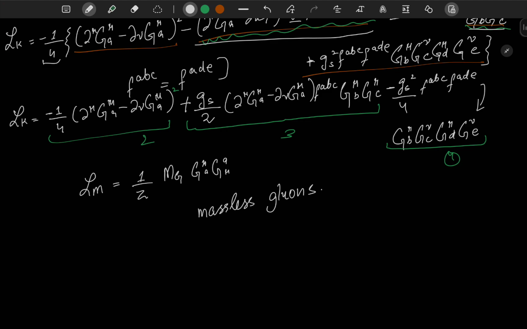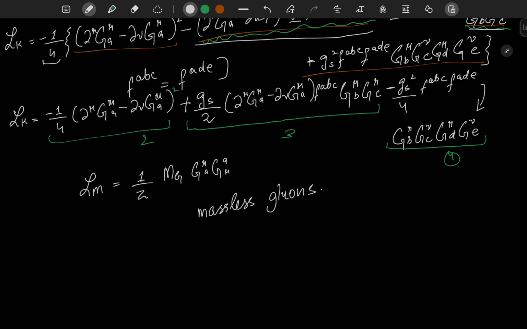I mean, the gauge theory demands that the bosons must be massless, and it was helpful in case of QED, and the fact that experimentally the gluons are found to be massless.